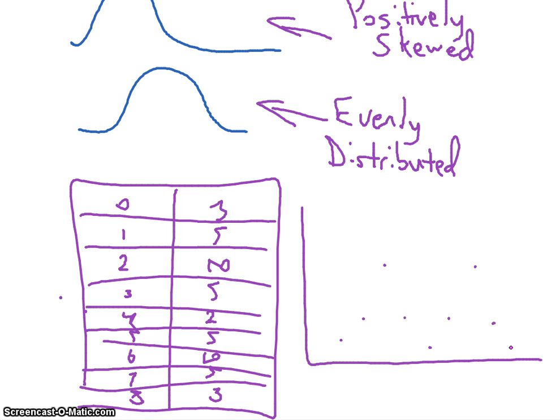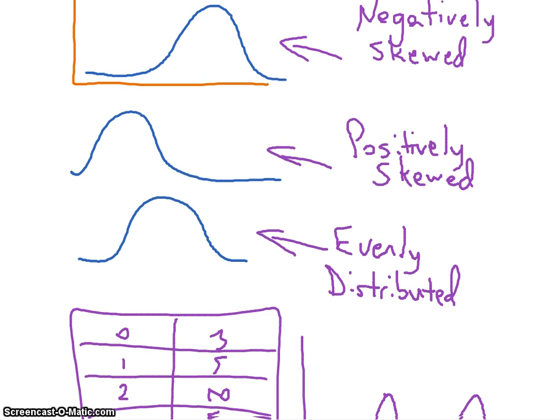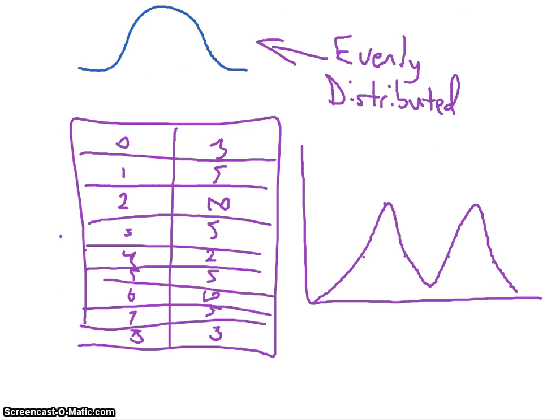So I haven't put any numbers, and that would look like this. Yeah. Okay? So I've just drawn it, just quickly. Now when you look at that, would you say that it is positively skewed, negatively skewed, or does it look evenly distributed?